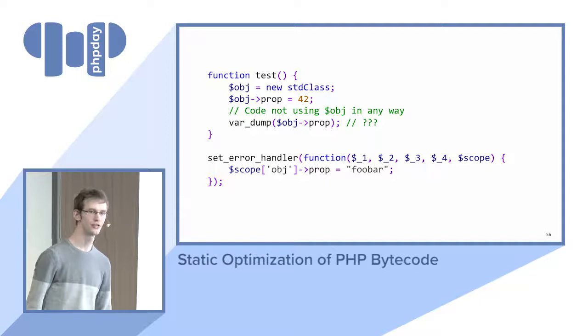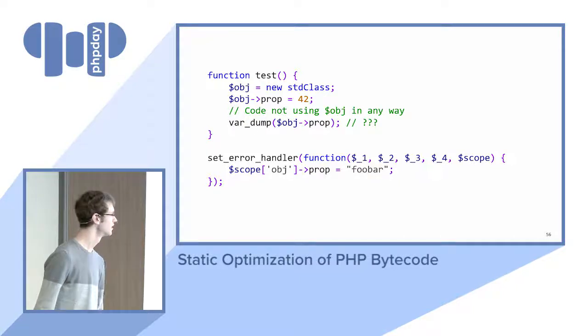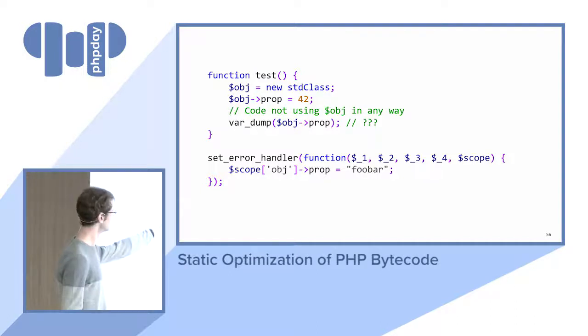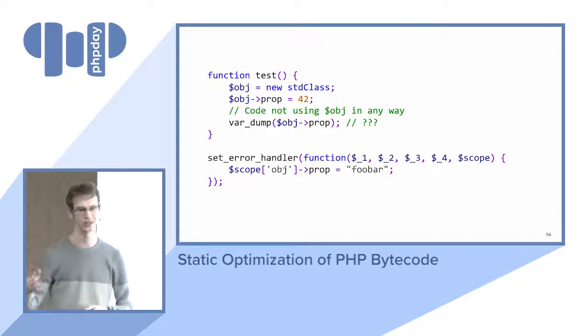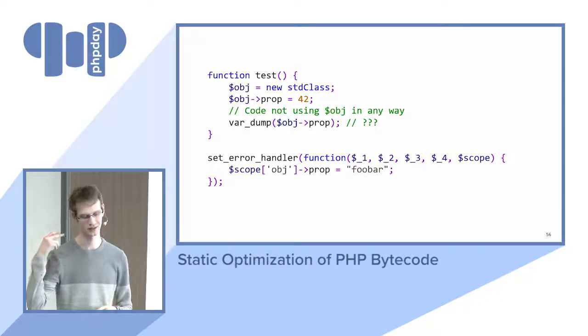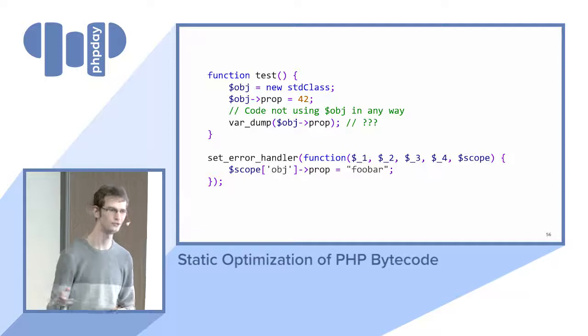This is a feature of PHP that I discovered relatively late while working on this. It's not very well known, but you'll see. So an error handler, if you register an error handler, it gets a bunch of information. The usual stuff is like the error message and line number, file, maybe something like error code or severity, I'm not actually sure.